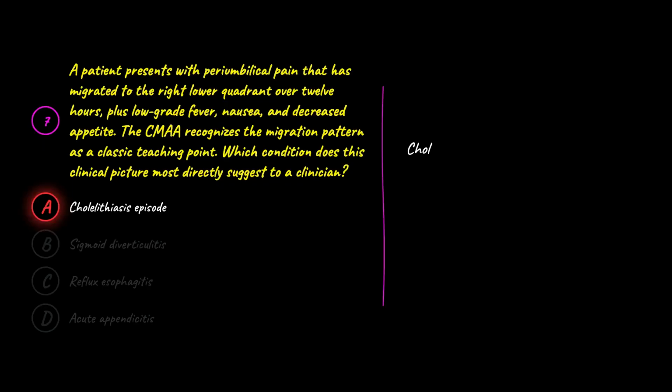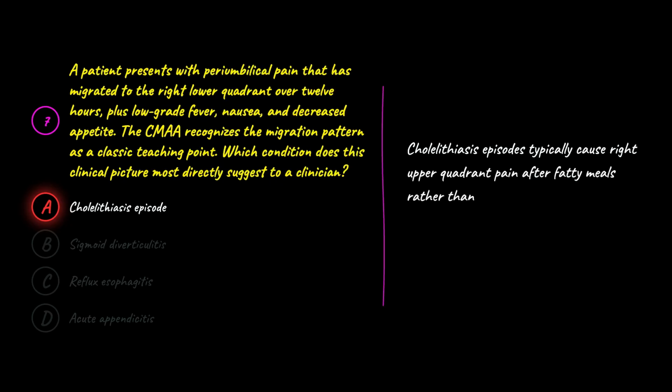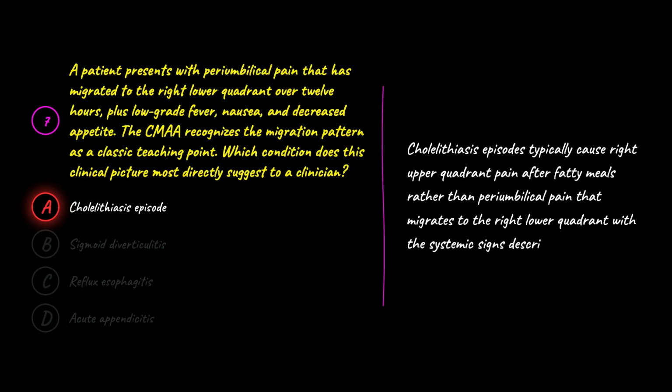A is wrong because cholelithiasis episodes typically cause right upper quadrant pain after fatty meals rather than periumbilical pain that migrates to the right lower quadrant with the systemic signs described in the scenario.